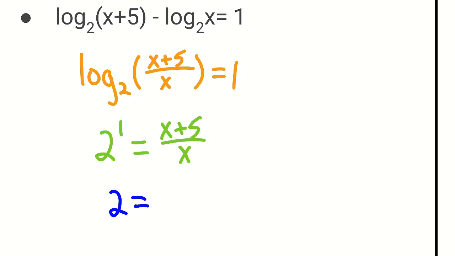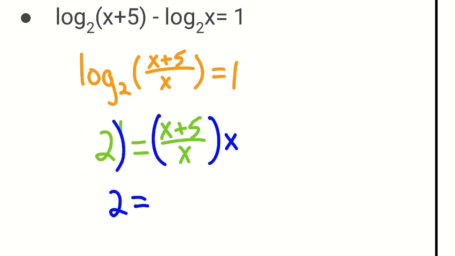I think the easiest thing to do is probably to multiply through by x. So I'm going to go like this and say times x. Well, that doesn't look like it's going to work, does it? Because if we multiply through by x, we're just going to end up with the same kind of situation.